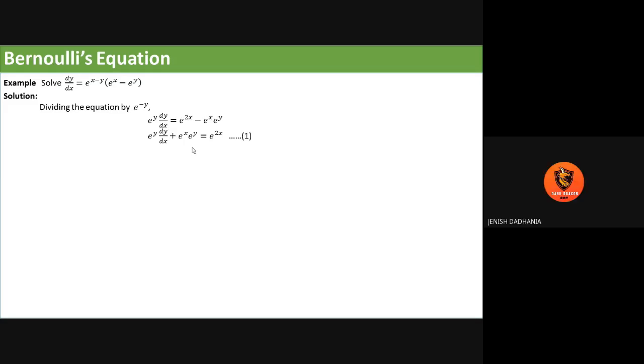e power y equals e power 2x bracket e power x plus 2. So here you get a linear equation dv by dx plus e raised to x into v, sorry, e raised to x into v, not e raised to v into v.